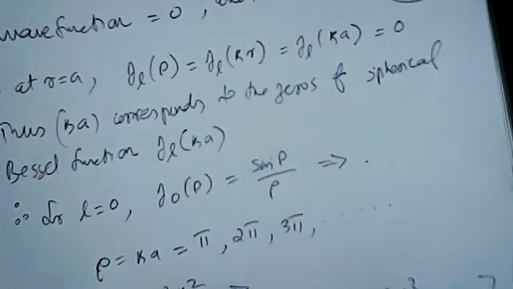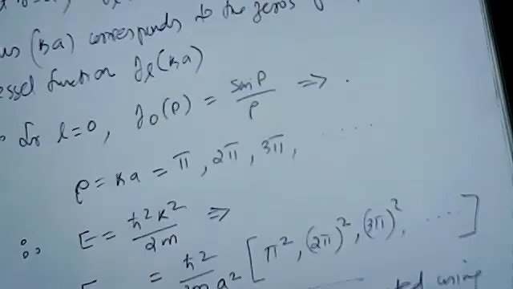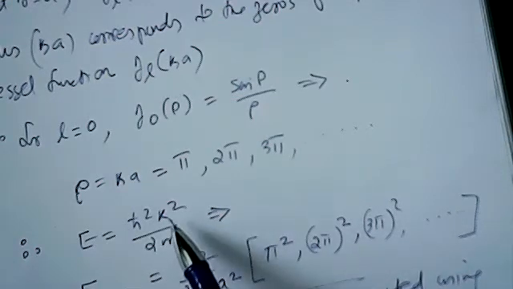So what are the energy values? Energy we have already written in the beginning. The total energy is h cross square k square by 2m, since only kinetic energy is there. So you can write the ground state energy, E at l equal to 0, l equal to 0 meaning ground state, as h cross square by 2m into k square.